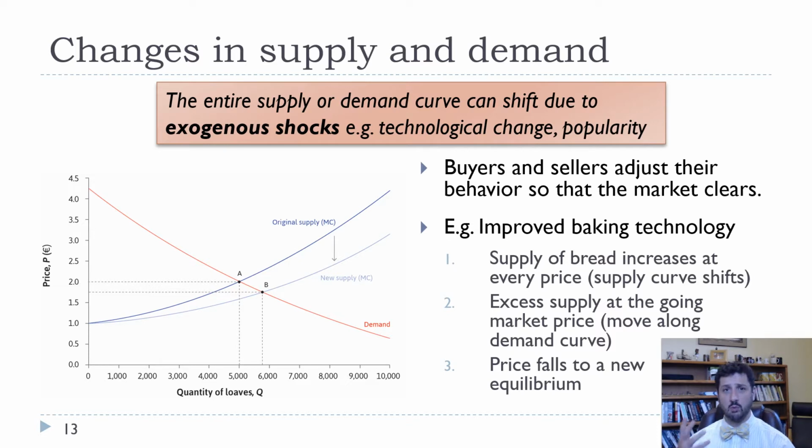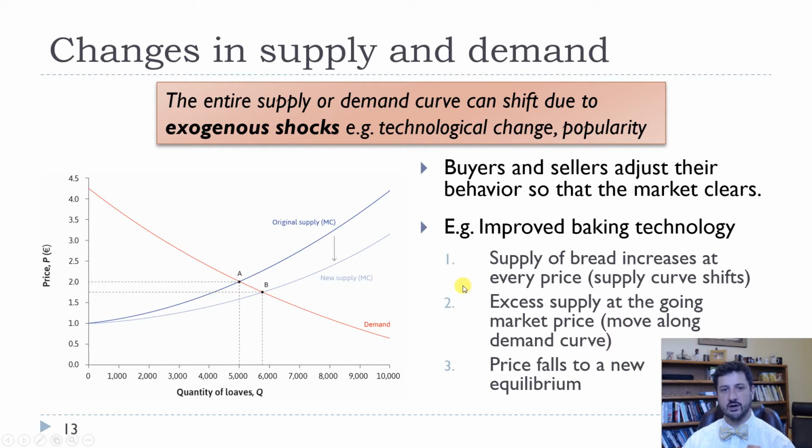Being able to do more with the same amount of inputs, being able to figure out how to use fire, being able to figure out how to use the steam engine, being able to figure out how to use electricity, nuclear power. All of those are increases in technology that have increased the supply curve, reduced prices, and increased quantity. So that's really a useful piece.